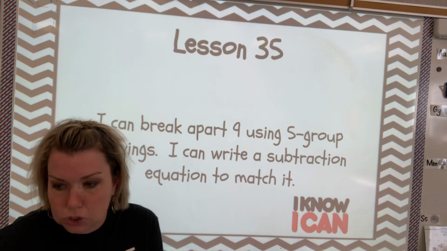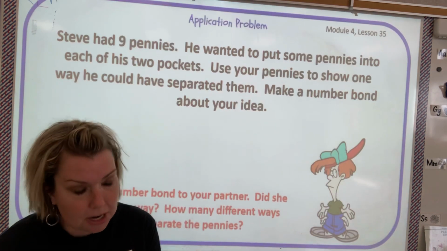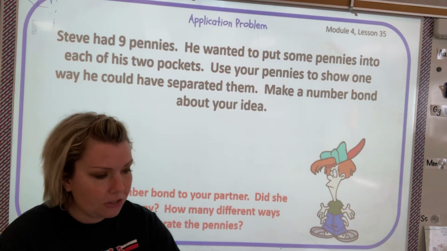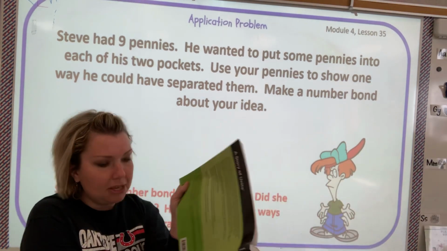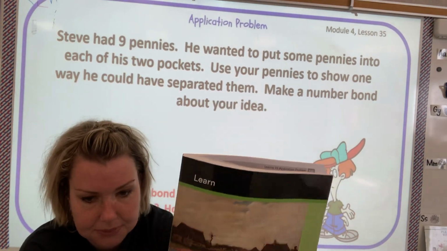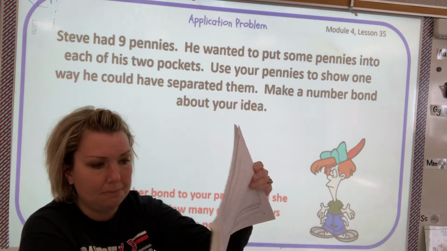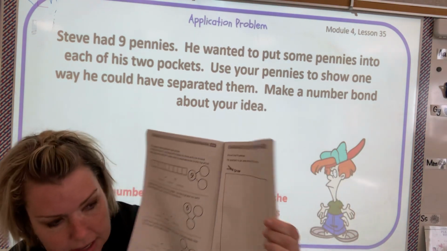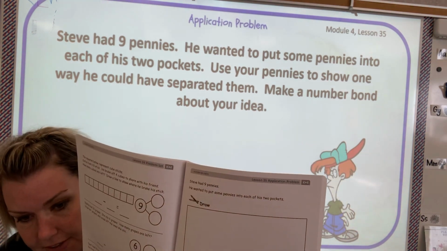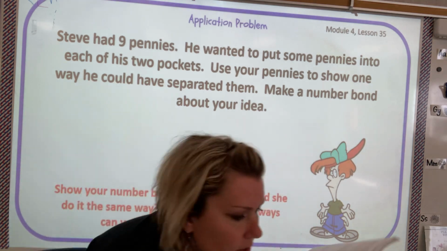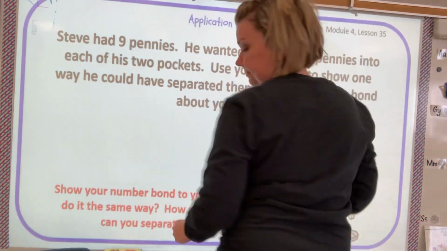We're going to go straight into our application problem this morning. So if you could please grab your handy dandy Unit 4 math book and open it up to page 153. And I'm going to write that on the board.